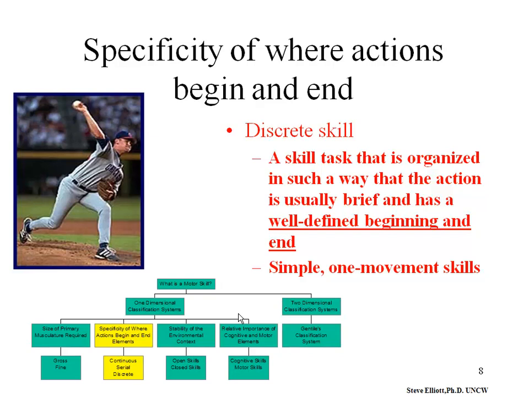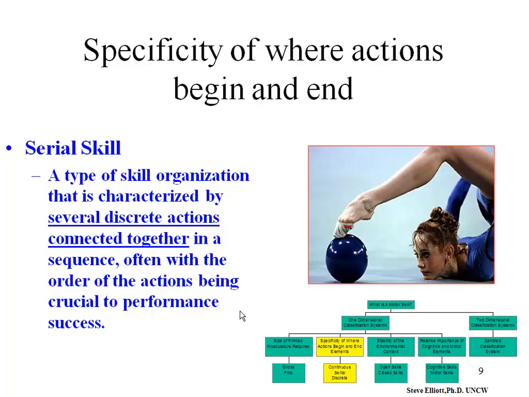If a skill requires a specified beginning and end location, we call this a discrete motor skill. Examples could include pressing the clutch in a car, flipping the light switch, hitting a piano key, something where you can see the exact beginning and end of a movement. It's well defined and easy to see.